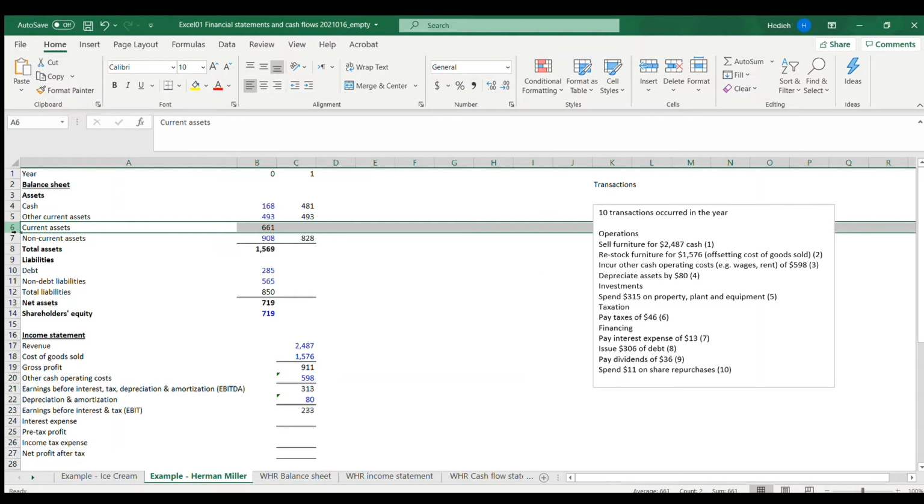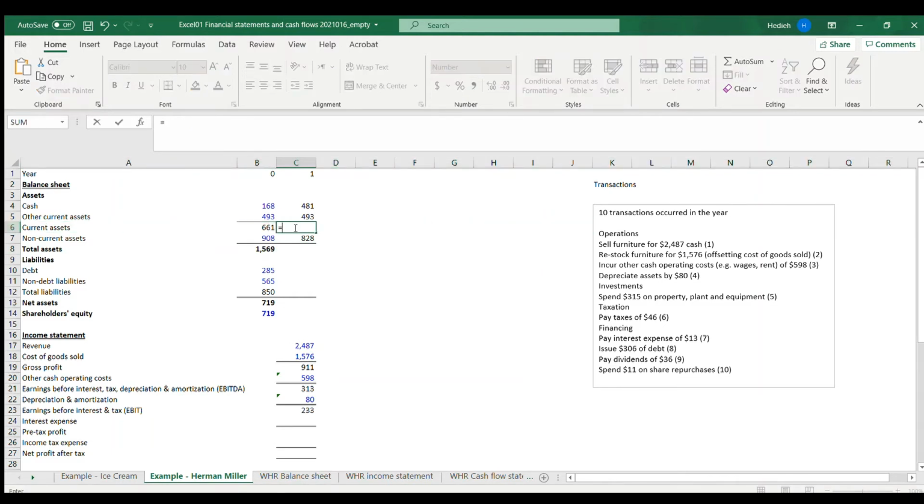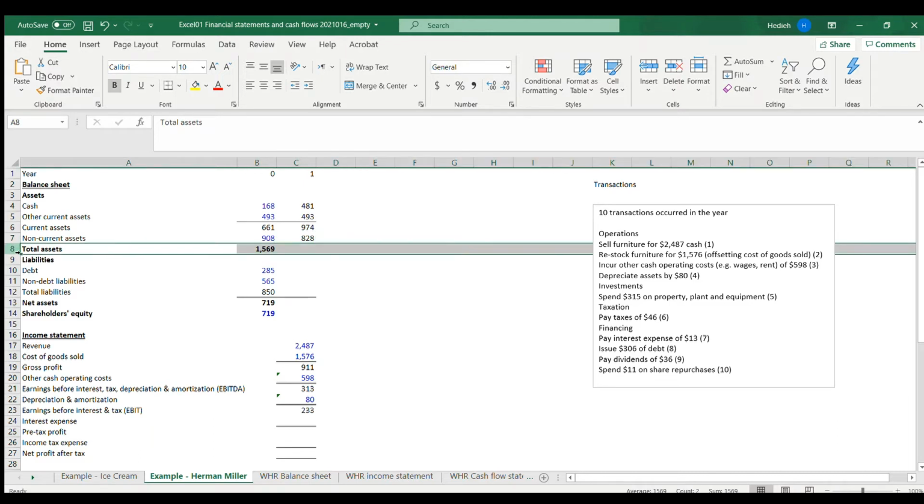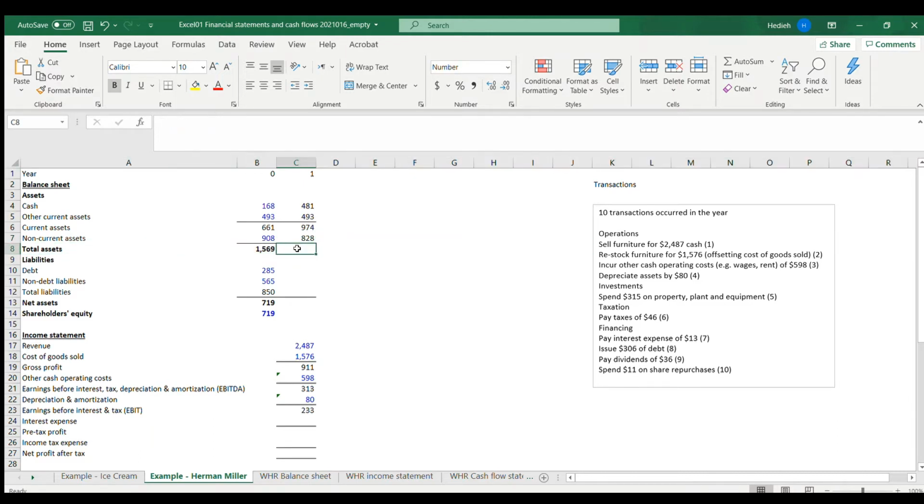Row 6 is total current assets, which is the sum of the cash and other current assets. And as you know, total assets is equal to the sum of the non-current assets and current assets. Okay, so we updated our balance sheet.